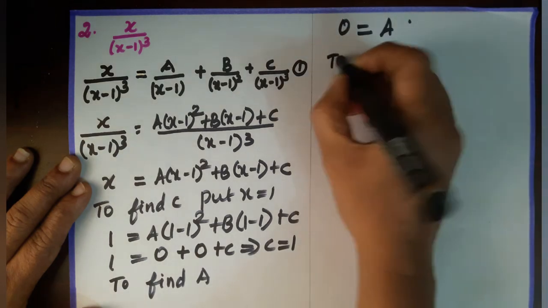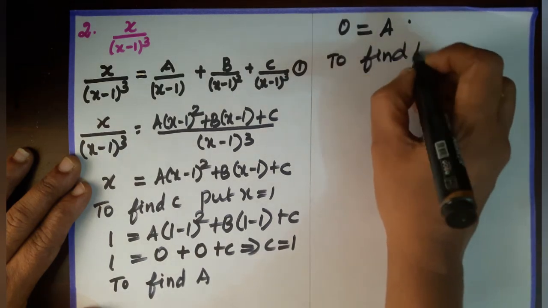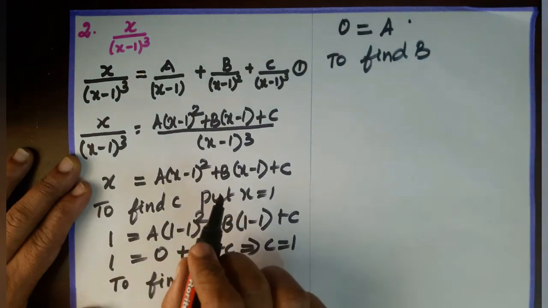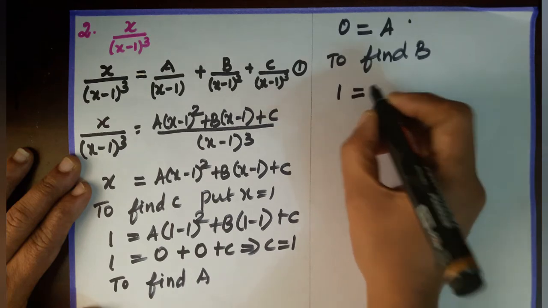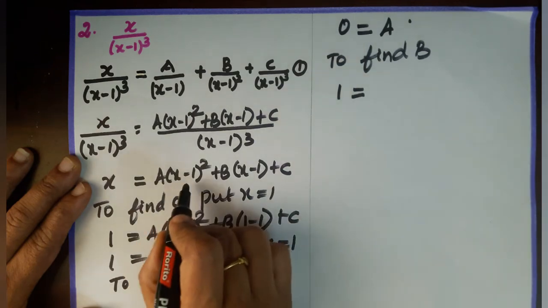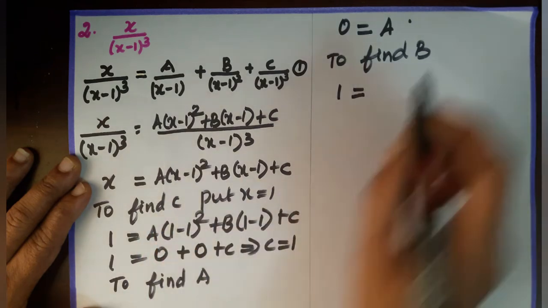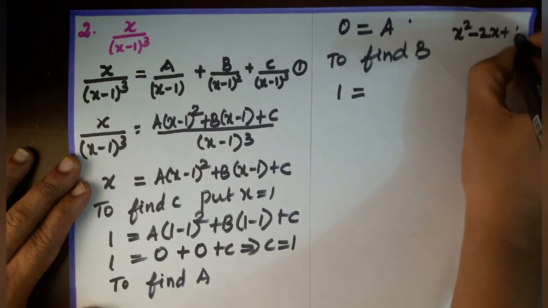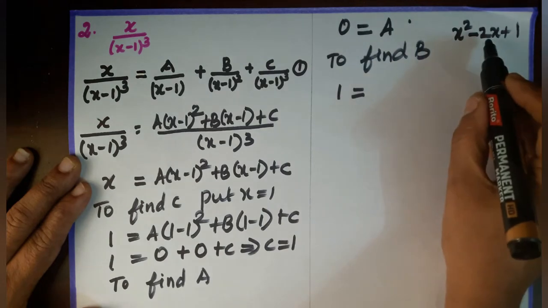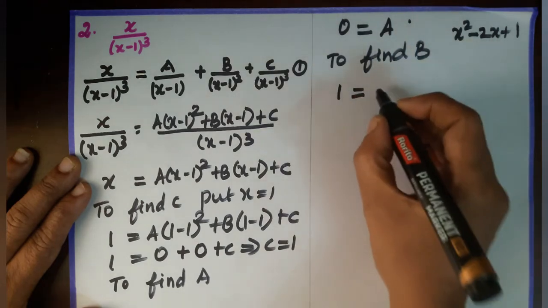Next I need to find B. To find B, I am going to equate the coefficient of x. The coefficient of x on the left side is 1. In the first term, if you expand x minus 1 the whole square, we get x square minus 2x plus 1. The coefficient of x will become minus 2A.